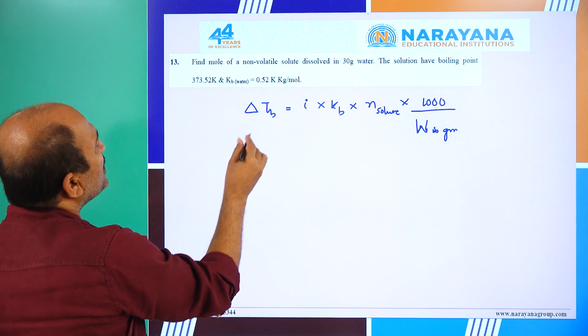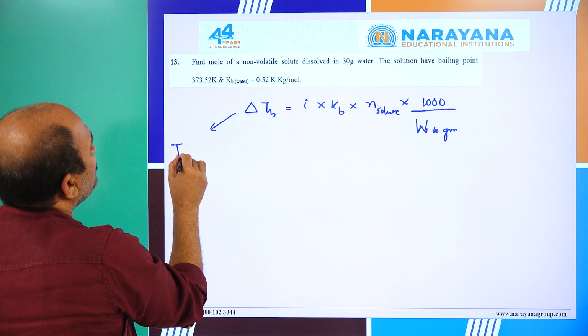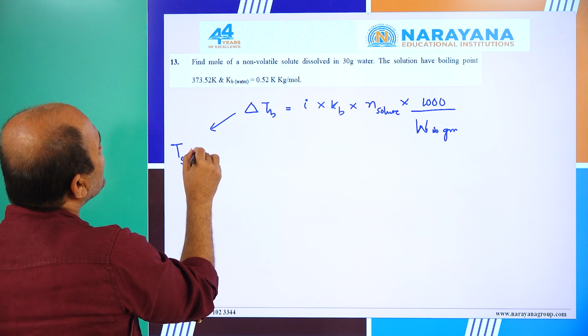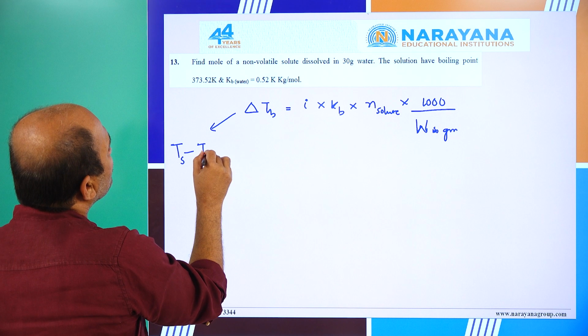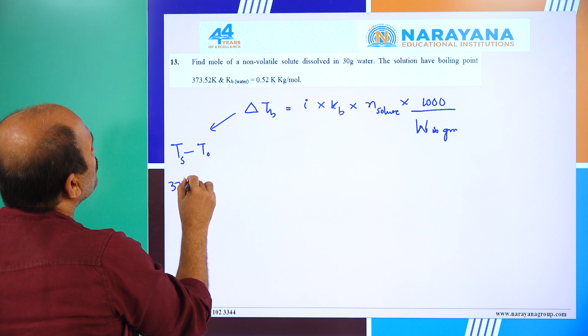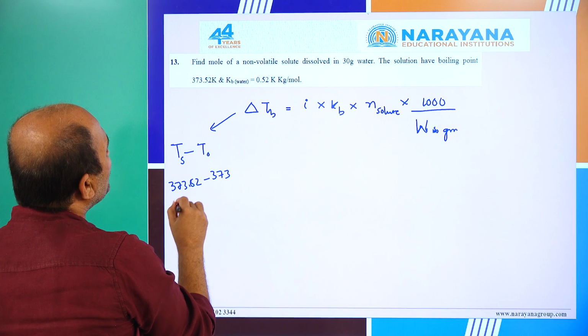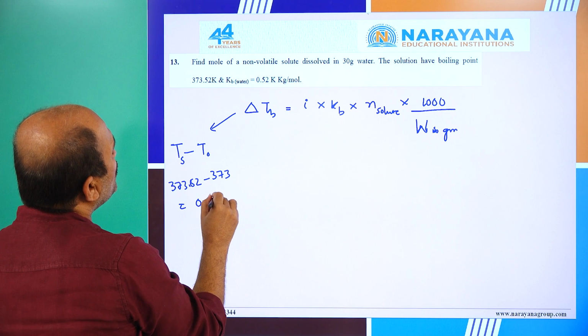Delta Tb is the difference of the boiling point of the solution minus the boiling point of the solvent. Boiling point of the solution is 373.52, boiling point of the solvent is 373, this difference is equal to 0.52 only.